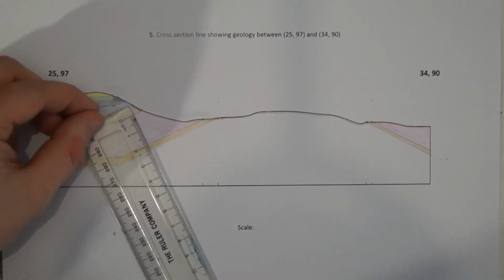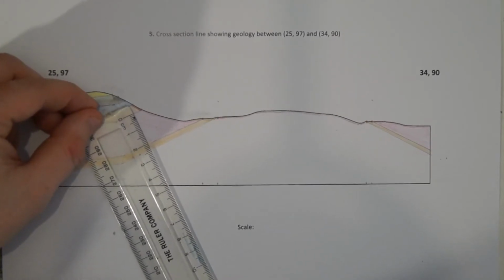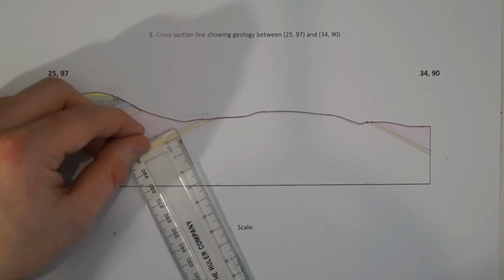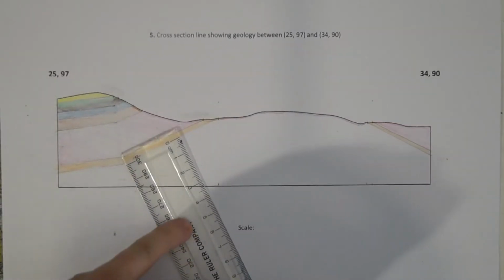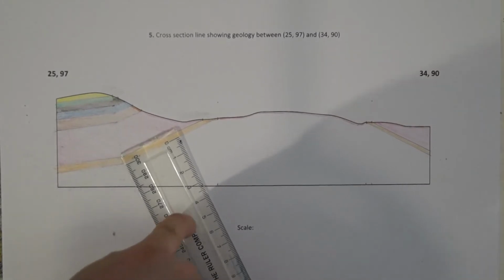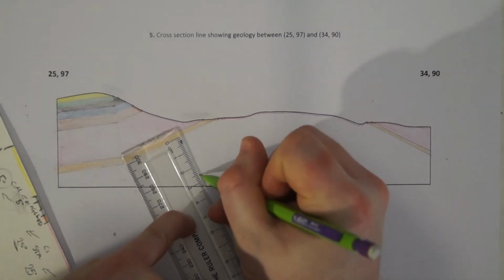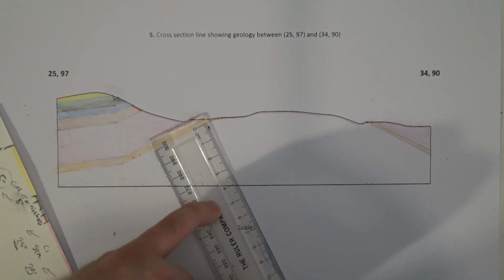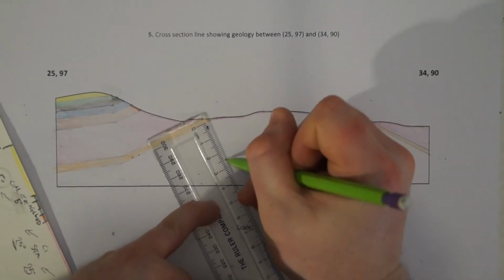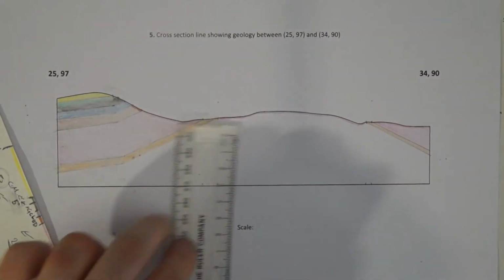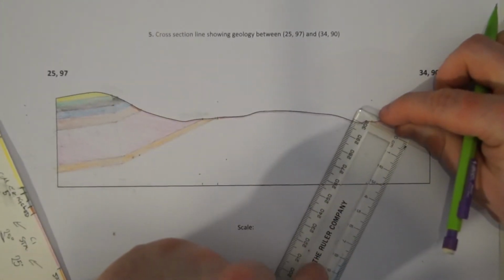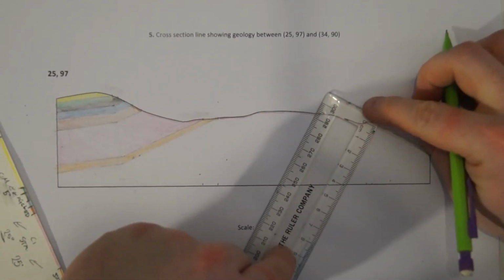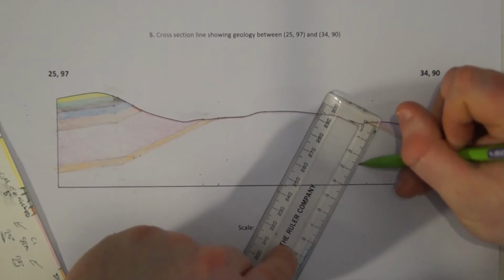So from there to there on our cross section has a thickness of something like 2.5 centimeters. So I'm going to draw a series of points that are 2.5 centimeters perpendicular from its upper contact, so 2.5 centimeters, like so. Two and a half centimeters, 2.5 centimeters.